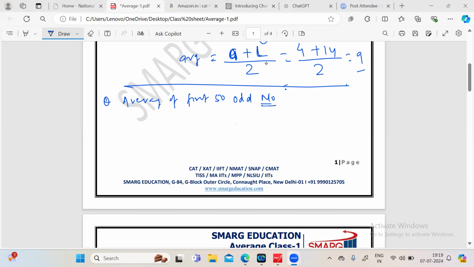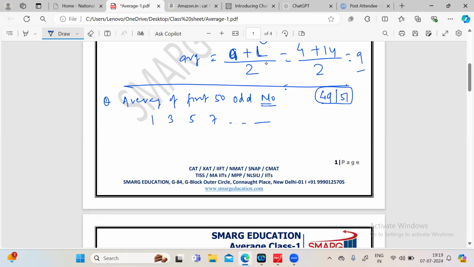Sir, 1. Next will be 3, next will be 5, 7, and it will go to the 50th odd number. Which will be the 50th odd number? 51. Somebody said 49, somebody said 51.